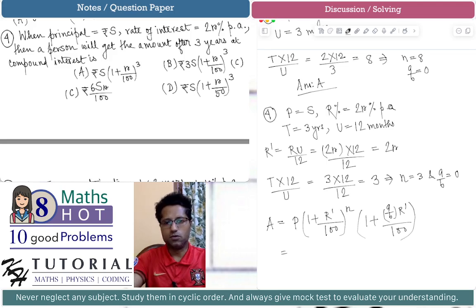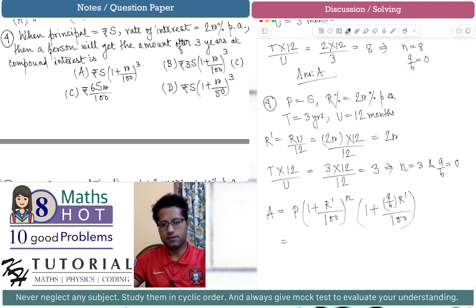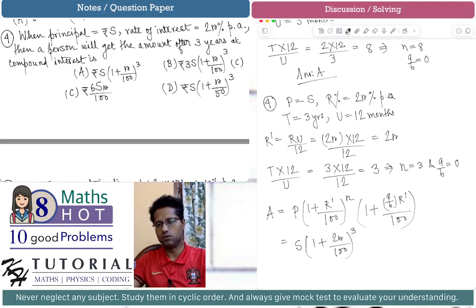Now, P is given to be S, R dash is twice R by 100, and n is given to be 3. We have found n to be 3, and since the fraction a by b is equal to 0, this part will become 1.